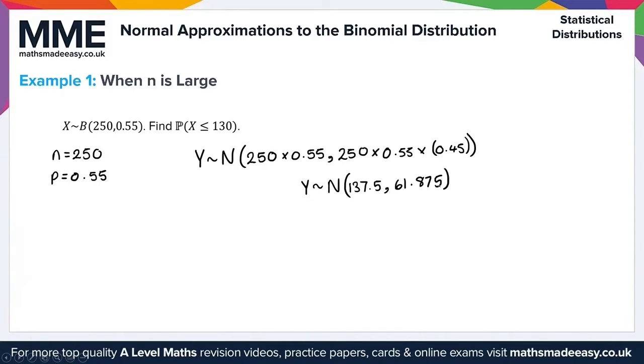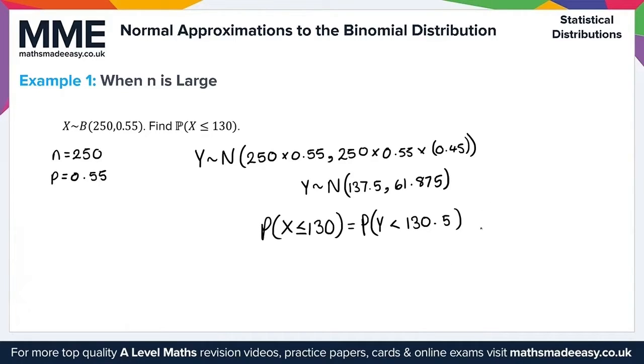We're looking for the probability that x is less than or equal to 130 here. Now we need to apply a continuity correction, since we've approximated. As this is less than or equal to 130, we need to include the 130, so we write this as y is less than 130.5, which makes sure that we include the 130.